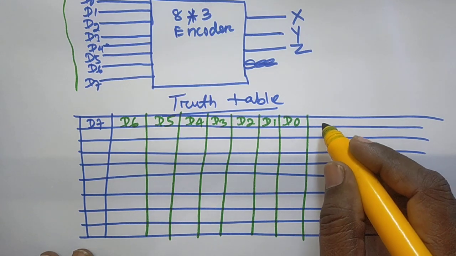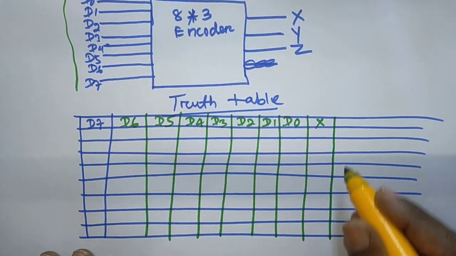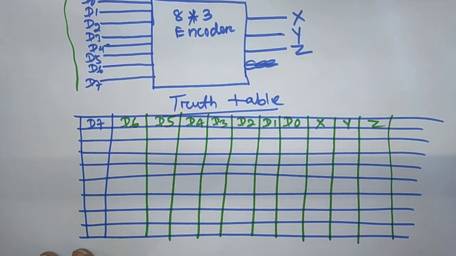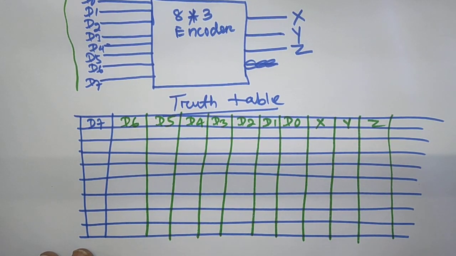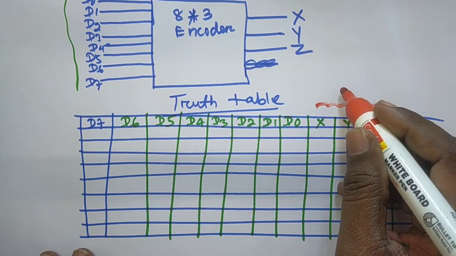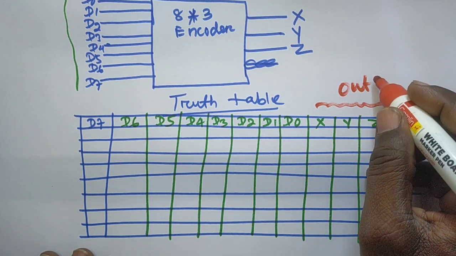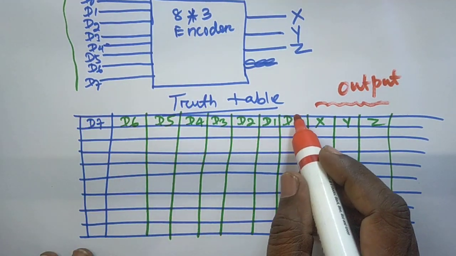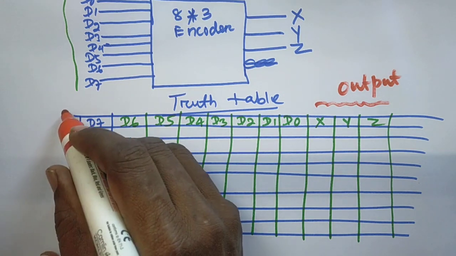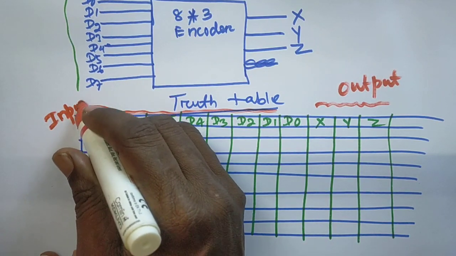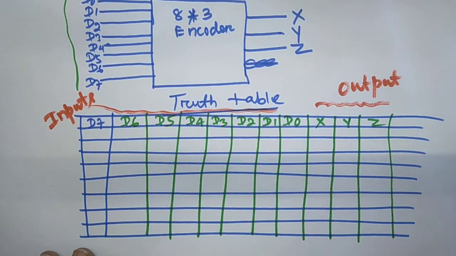Okay, and the outputs we get are x, y, and z. These are the outputs. So we can tell these are the inputs, these are the outputs. And these are the inputs up to here.